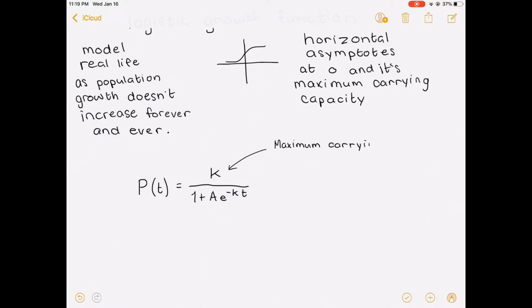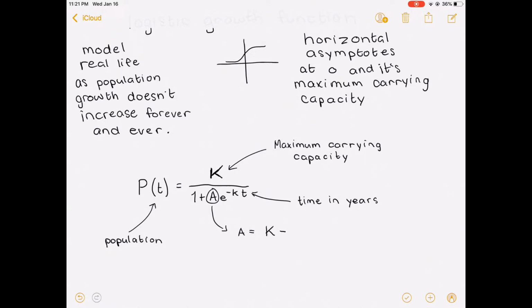This means that this is the maximum amount of things that this environment can hold. T is your time in years. Your P of t is where your population is. To find A, all you need to do is take your maximum carrying capacity minus your initial population, divided by your initial population.